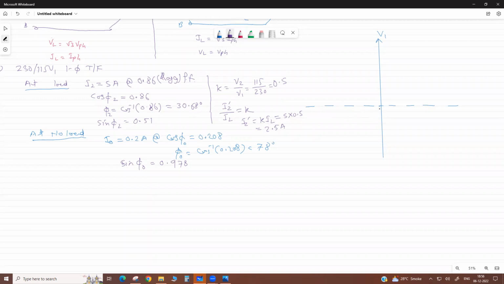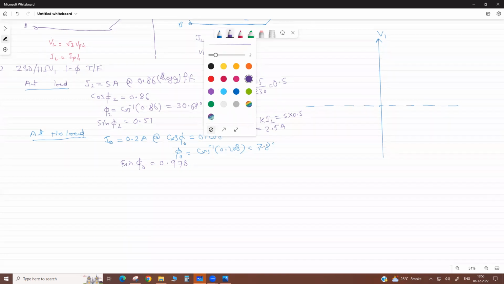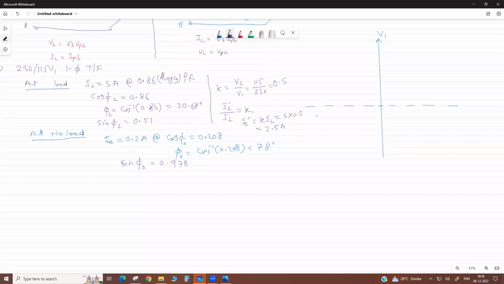Okay, dear. Now at no load condition, what is the current? It is 0.2 at 78 degrees. So your no load current lags the primary voltage V1 at a lagging power factor. At no load, this is your transformer. Here you apply V1, 230 volt, and the secondary side we kept open.